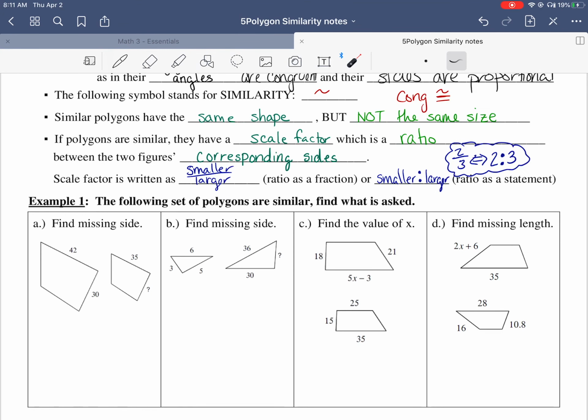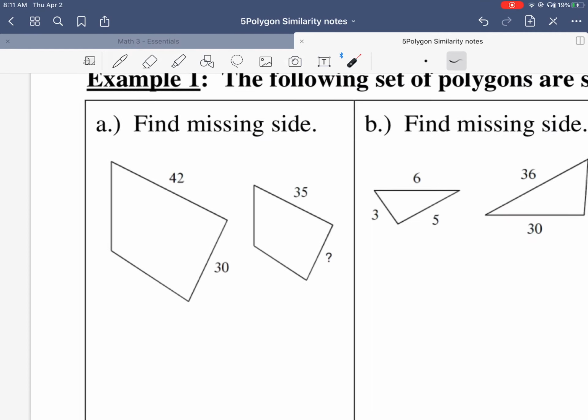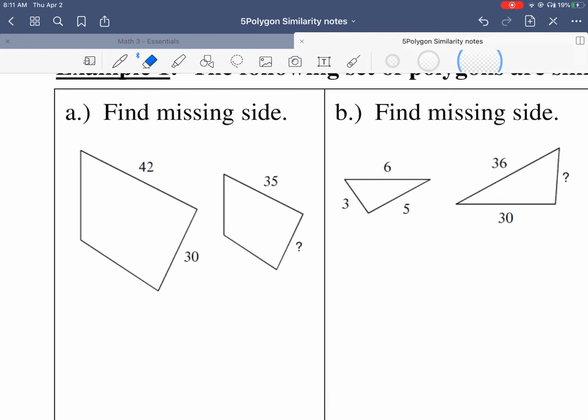For these couple examples, we're going to assume that the polygons are similar, and then we're going to find whatever is asked. The first thing we need to figure out in polygon similarity is which sides are in the same spot. So 35 and 42 are in the same spot. The question mark and 30 are in the same spot.